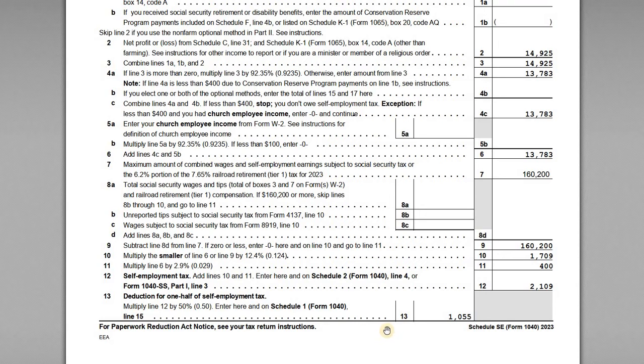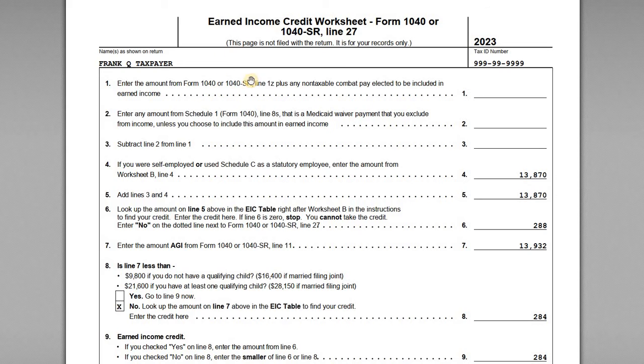And the deduction available for 1/2 of that SE tax is $1,055. Now, once we have those values, then we can start to look at the worksheet for the earned income credit, which is a worksheet that's included in the publication and the Form 1040 instructions. So if you need this worksheet, you can look it up within those documents.